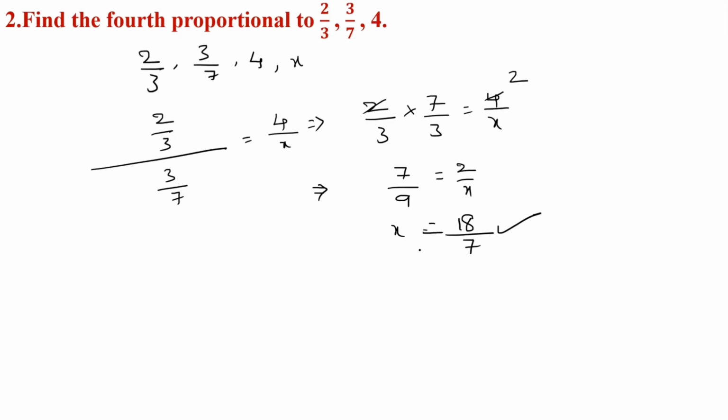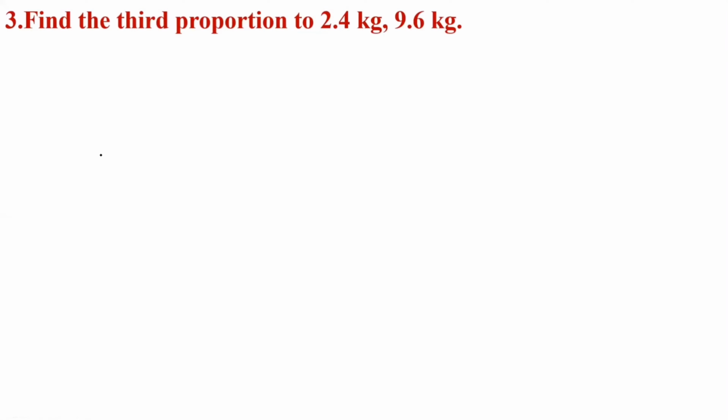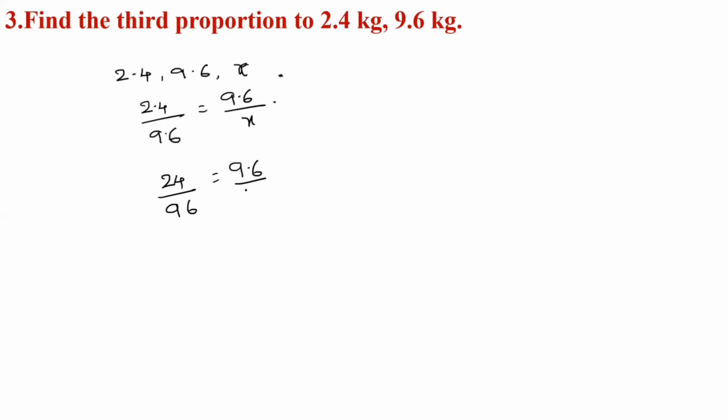Find the third proportional of 2.4, 9.6, and we have to take the third proportional as the x value. So what do I have to write? 2.4 by 9.6 is equal to 9.6 by x. 24 by 96 is equal to 9.6 by x.